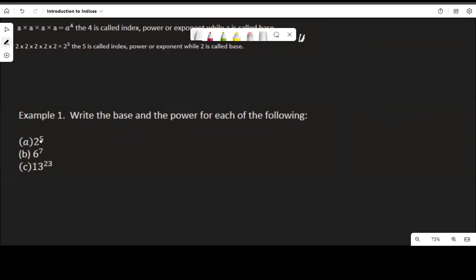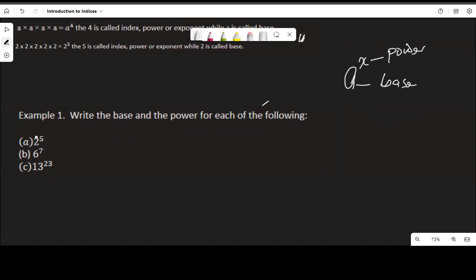In other words, it's telling us to indicate which of these numbers is called the power and which one is called the base. Like I explained above, if I have a to the power of s, for example, s is called the power or the index or the exponent, while a is called the base.